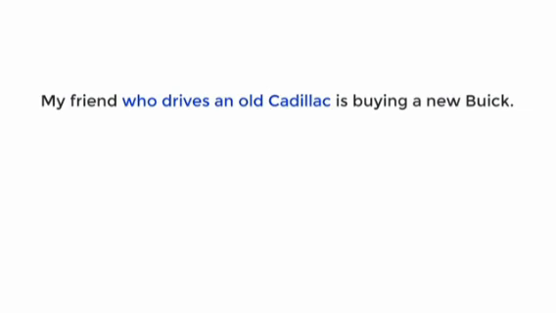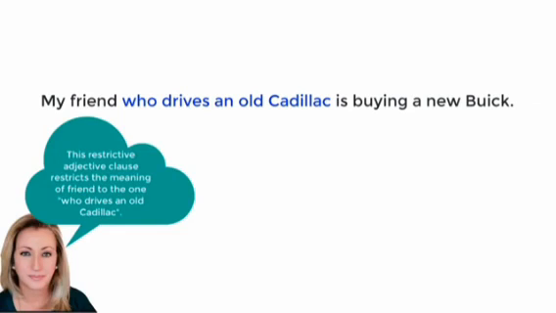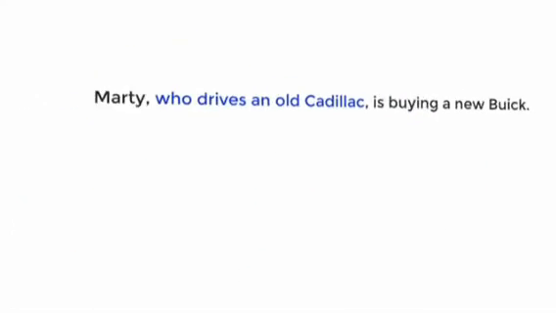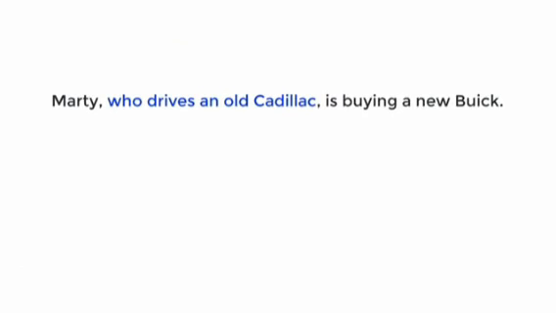My friend who drives an old Cadillac is an adjective clause that is essential, because it is describing which of my friends. So when we omit the adjective clause there, it is not meaningful.